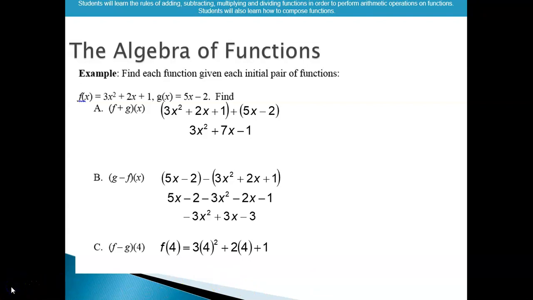Sorry, I forgot what I was doing there. We're just doing f of 4, so evaluate f of 4. So I substitute 4 in for my f function. And that gives me 57. Then I do g of 4, which gives me 18. And then I subtract those.